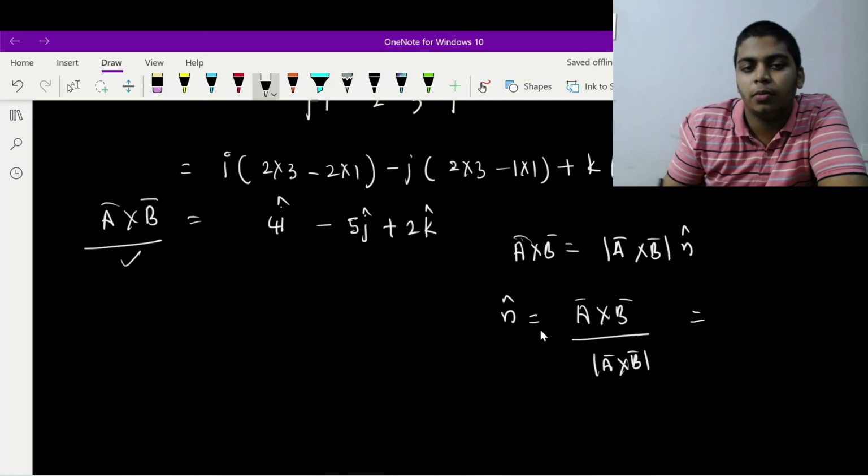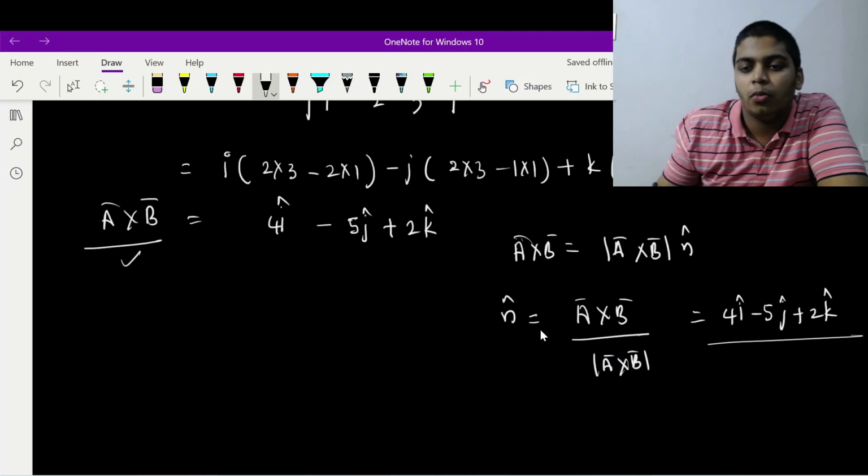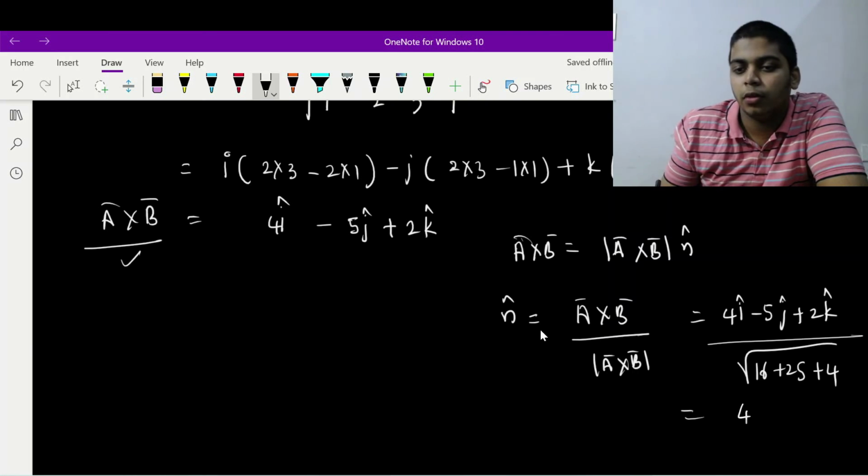So this will be 4i minus 5j plus 2k by the mod of a cross b, which is root of 16 plus 25 plus 4. So this would be 4 i cap minus 5 j cap plus 2 k cap by root 45. This is your unit normal vector.